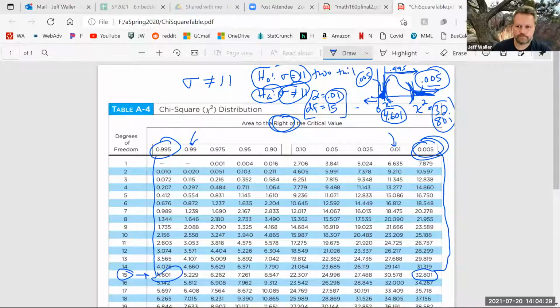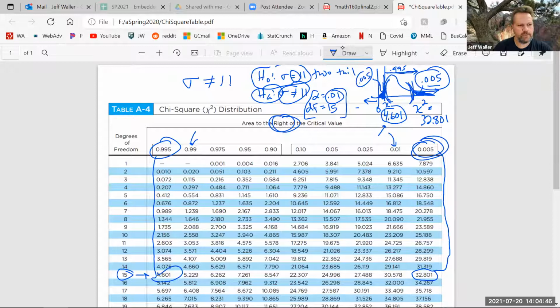Mind bringing up the screen really quick again? Let me write this better. This is 32.8. So I really want this to make sense.